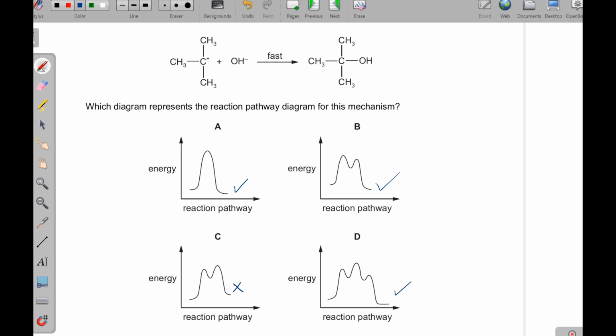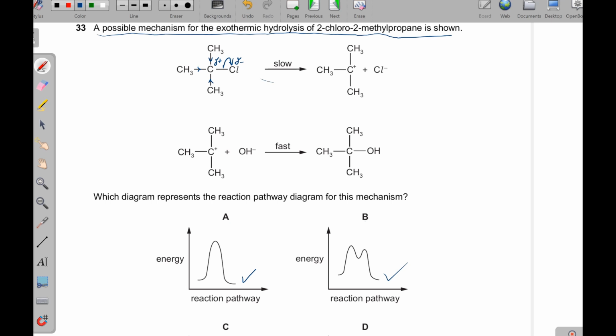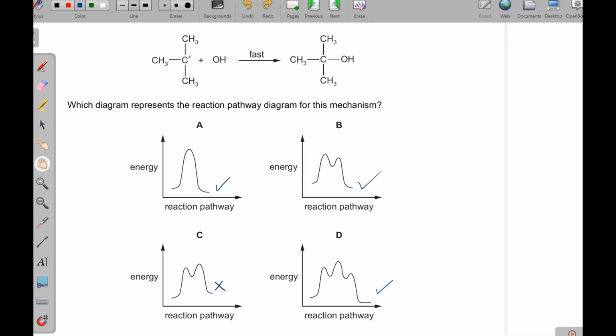But since this is a two-step mechanism, we see the slow step first, with high activation energy needed to break this one off. From there they form this intermediate. Now this intermediate reacts with this to convert into the products. Because it is a two-step mechanism, we take our answer as B.